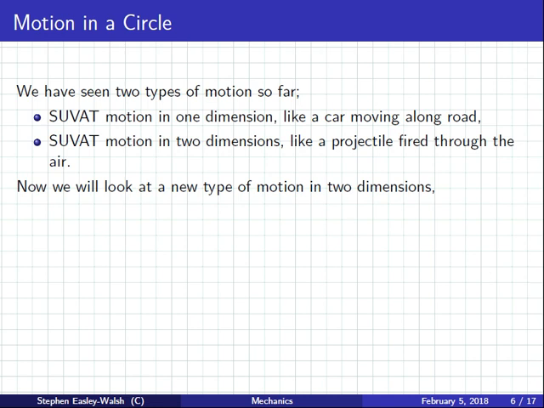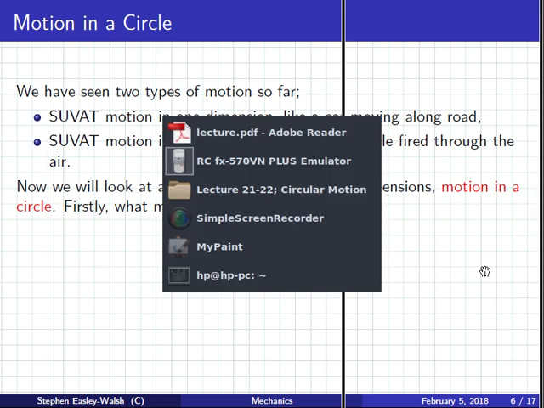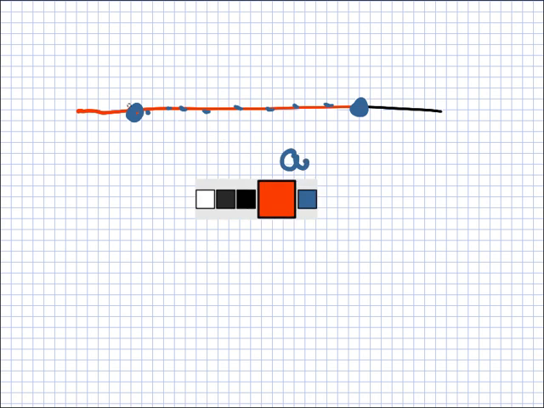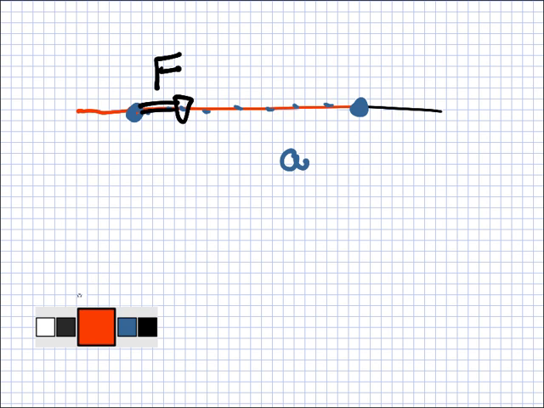Okay, now we'll look at a new type of motion, motion in a circle. So this is motion around in a circle like this, okay? Firstly, what makes something move in a circle? If something is moving in a straight line, like from here to here, it has an acceleration because there's some force here, okay?